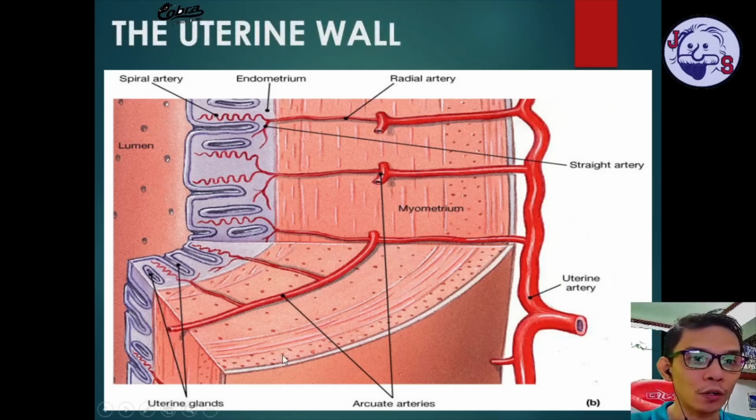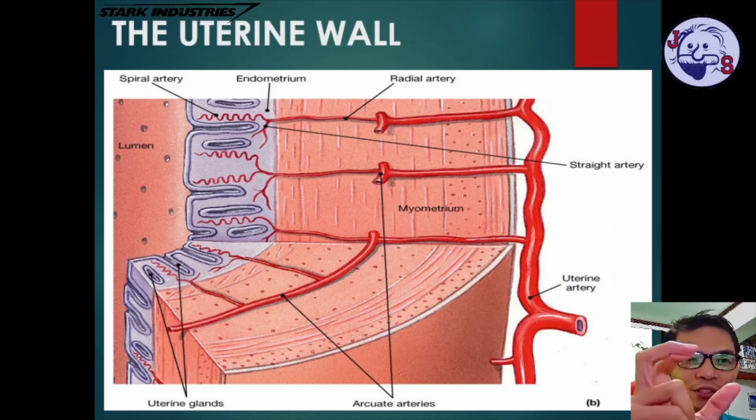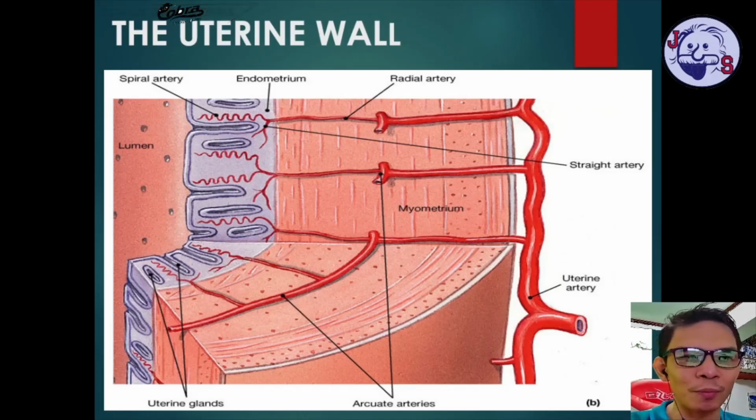If you are a female, you are familiar with some things that go out of your body during your menstrual period. The chunky, jelly-like substance that goes out of your body is part of the uterine lining called the endometrium. It is shed off because no fertilization happened after the release of the egg.